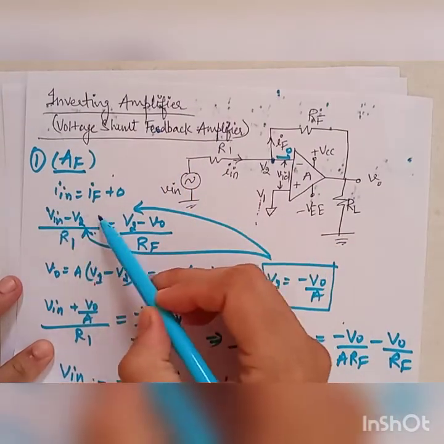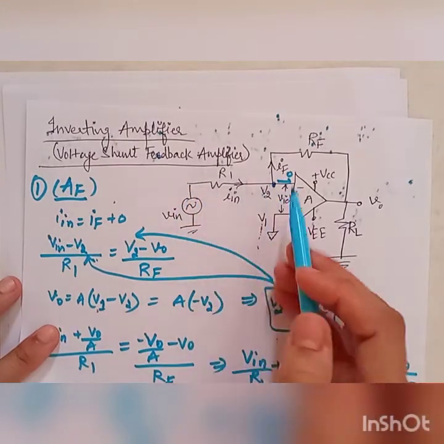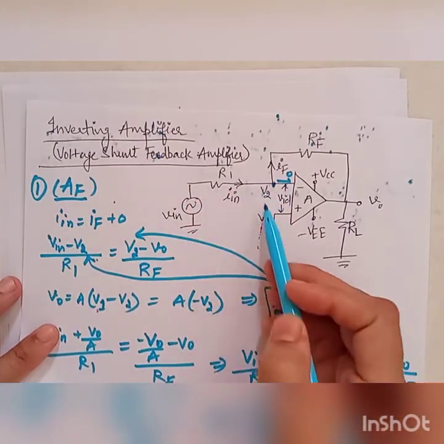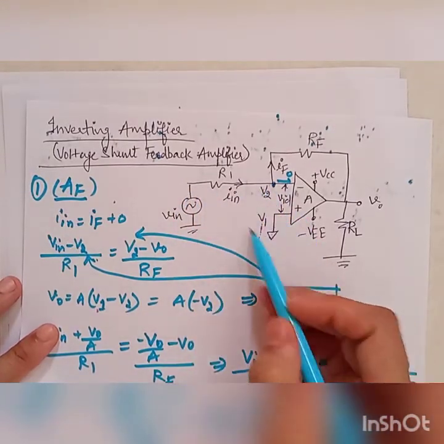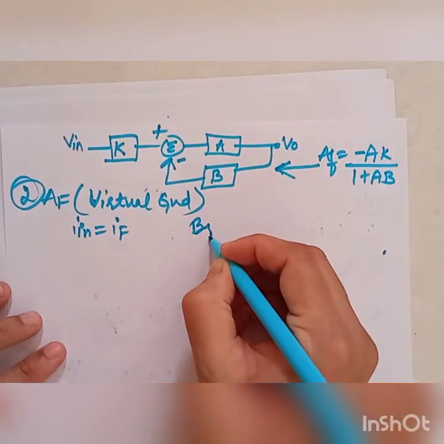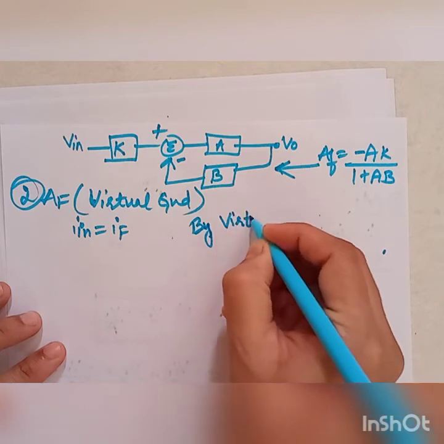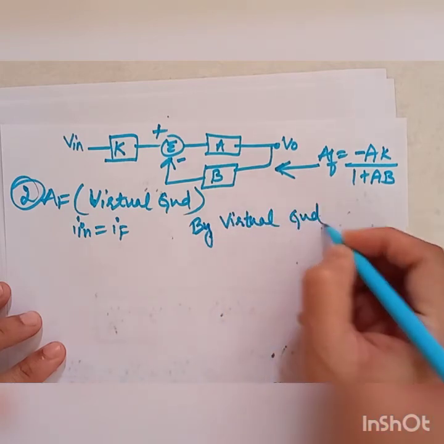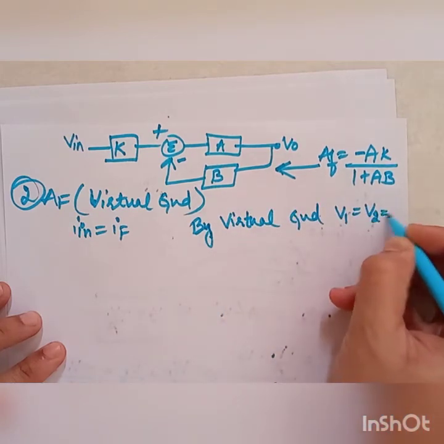Again, I can write V in minus V2 divided by R1. But V2 here is how much? 0, by the concept of virtual ground. Why? Because V1 is 0. So by virtual ground, I can write V1 is equal to V2 is equal to 0.